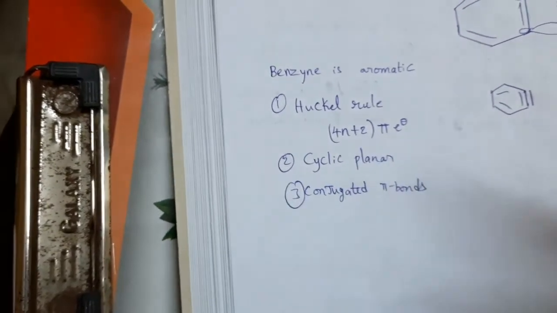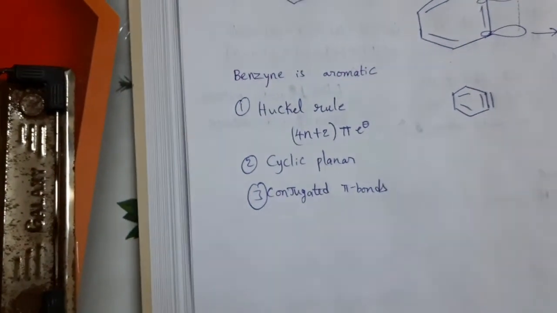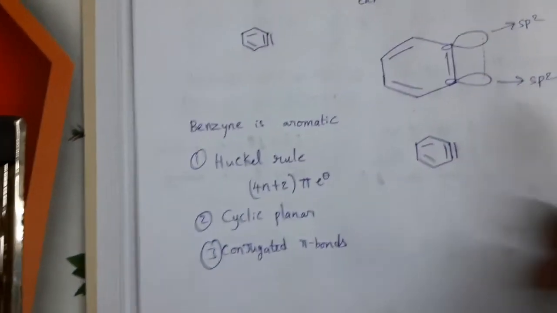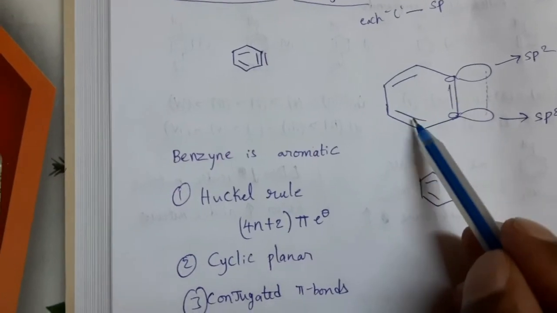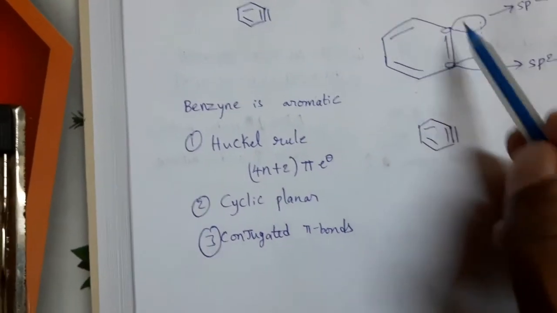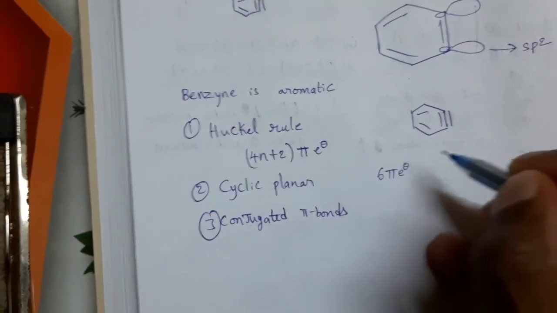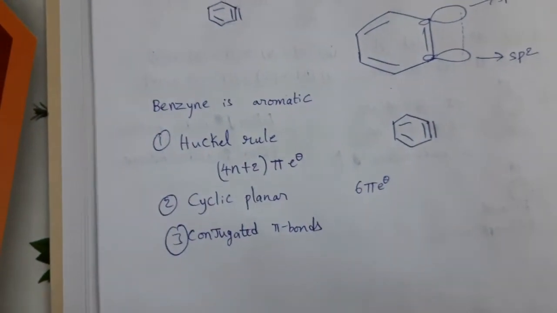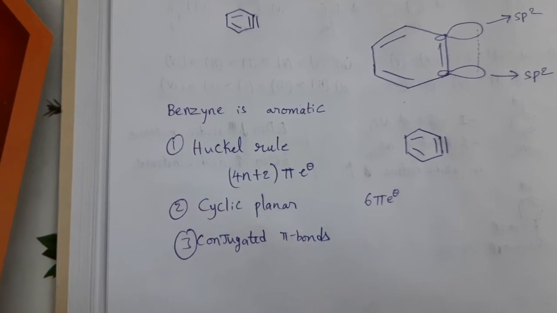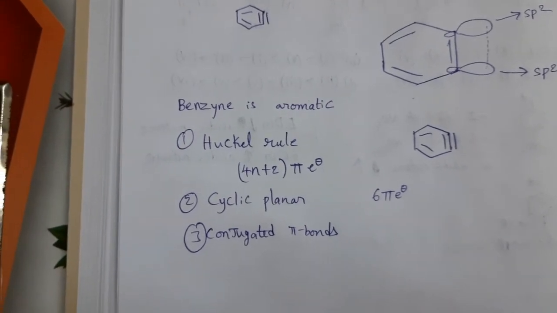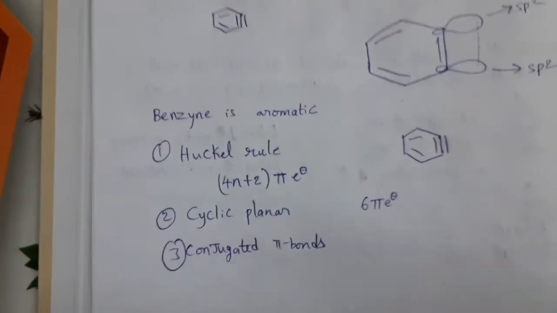All these conditions are satisfied by benzyne, so it is aromatic. These 3 pi bonds are present in the same plane. How many pi bonds? 3 pi bonds, meaning 6 pi electrons are present. It follows the 4n plus 2 pi electrons Huckel rule and has a cyclic planar structure.